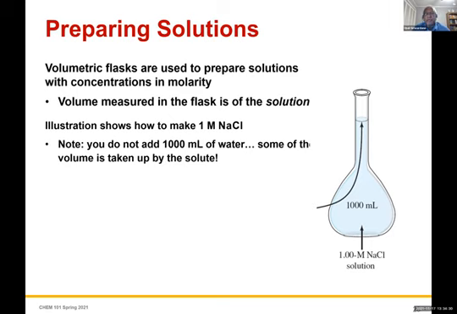1 molar sodium chloride solution contains 1 mole of sodium chloride in 1 liter of solution, or 1000 milliliters of solution. 1 liter is 1000 milliliters. The molecular weight of sodium chloride is 58.5. 23 plus 35.45, sodium atomic mass and chlorine atomic mass, added to give 58.5.